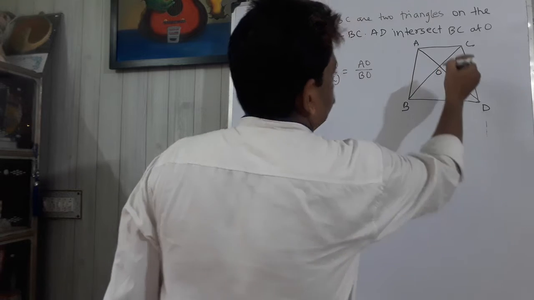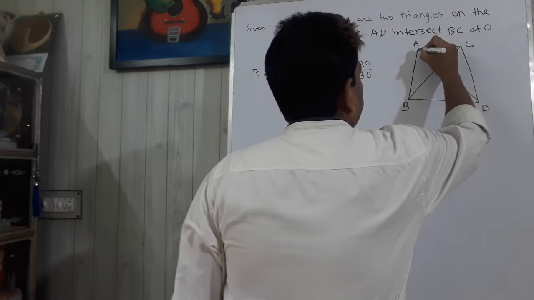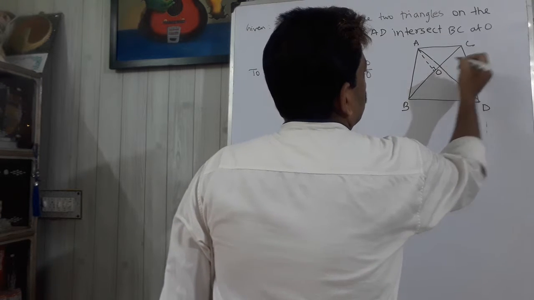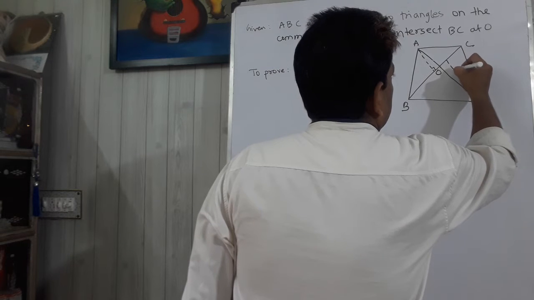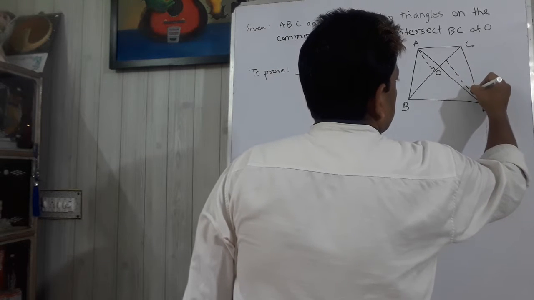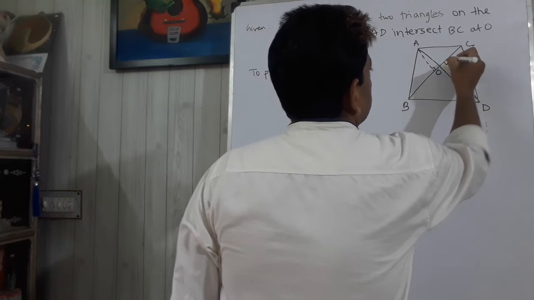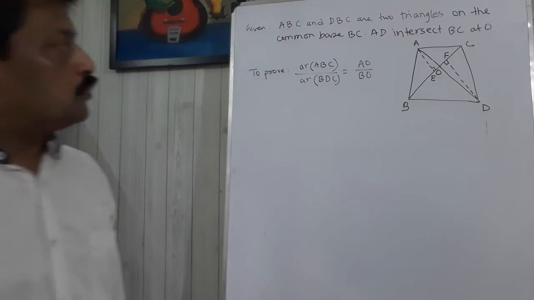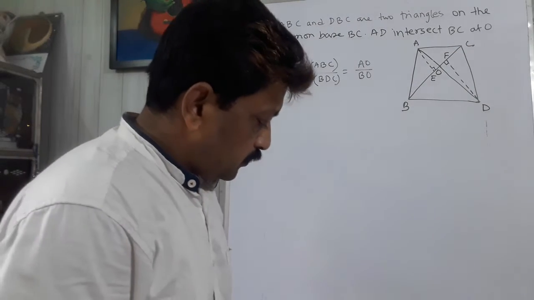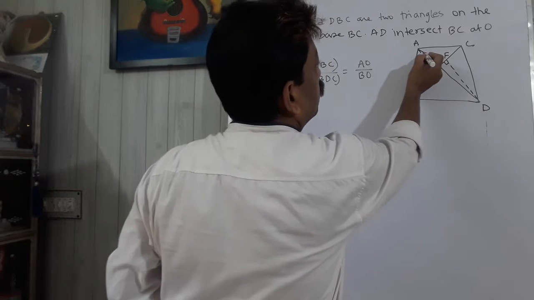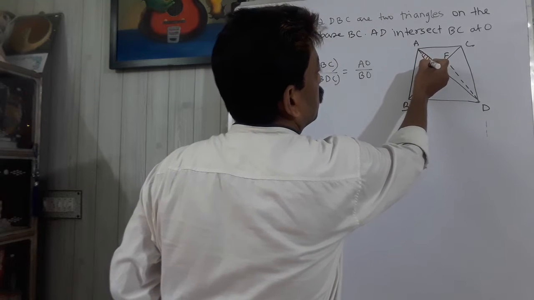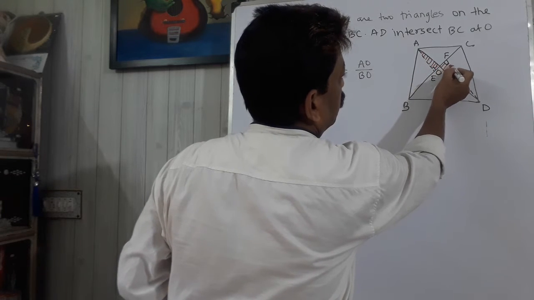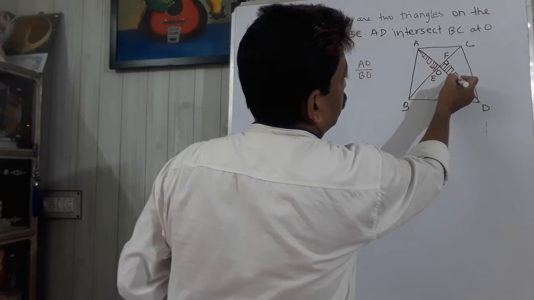Now let me draw perpendiculars from A and D on BC. Suppose these are E and F. So there are two triangles formed, triangle AOE and triangle DOF.